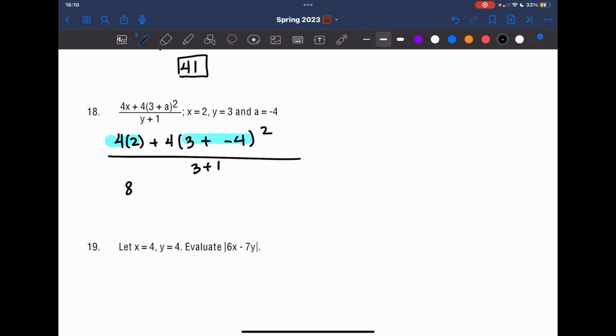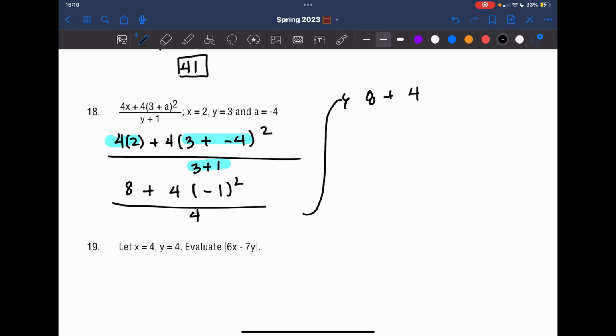So I have 8 plus 4 times negative 1 squared. And then I'm going to simplify my denominator, and I'm going to get 4. So then I get 8 plus 4. Negative 1 squared is going to be 1. All of that is still over 4. 8 plus 4 is 12, 12 over 4 equals 3.